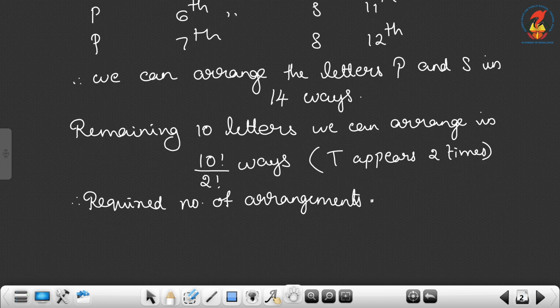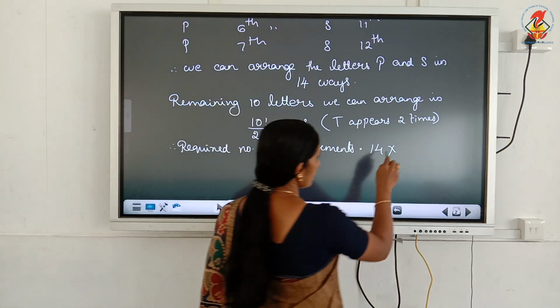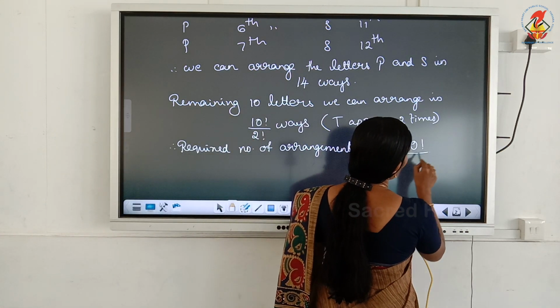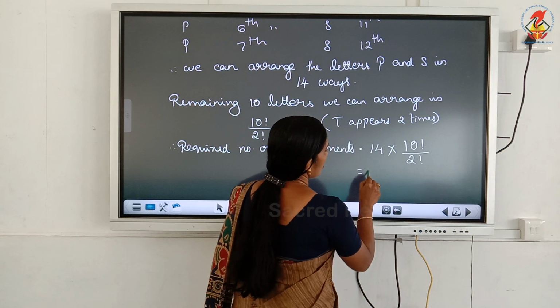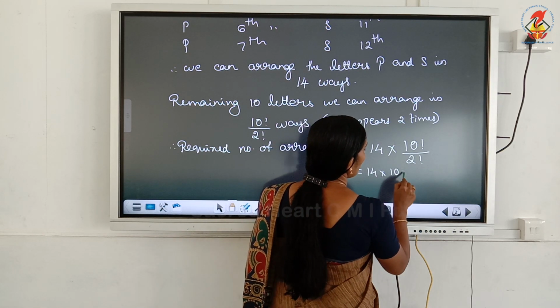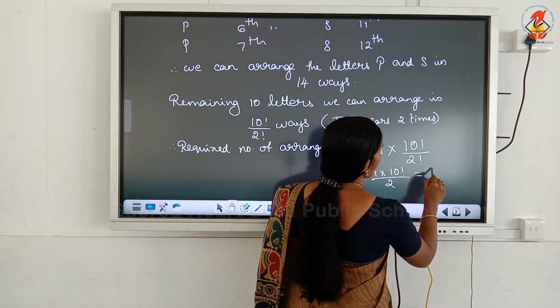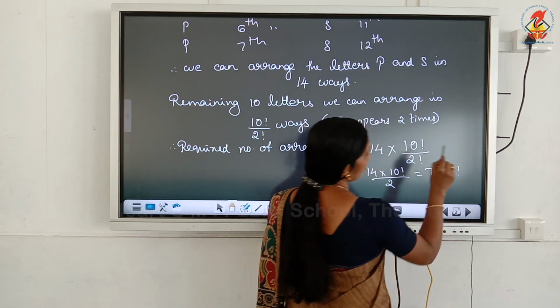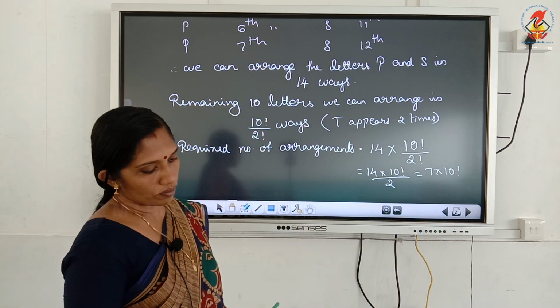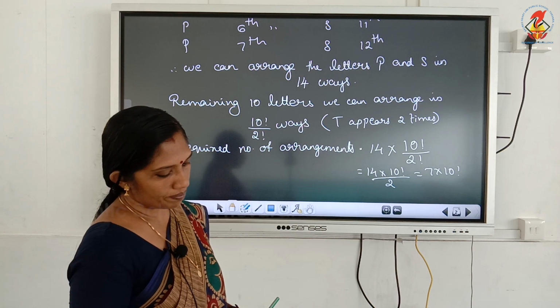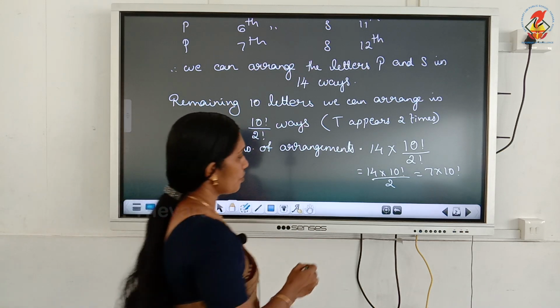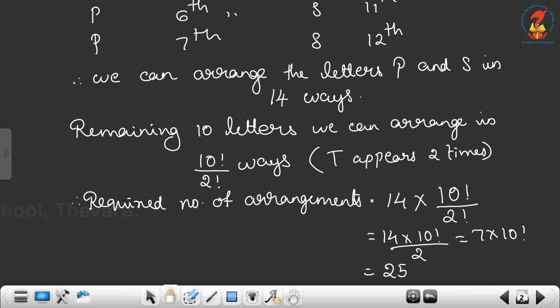Now we have to multiply these two. 14 into this, 14 ways for only P and S. The other letters we can arrange in 10 factorial by 2 factorial ways. So 14 into 10 factorial by 2, so 7 into 10 factorial. So we have to multiply that. That answer is 25401600.